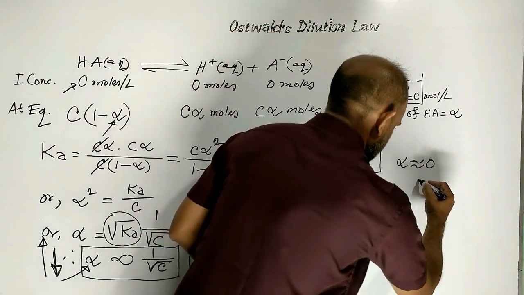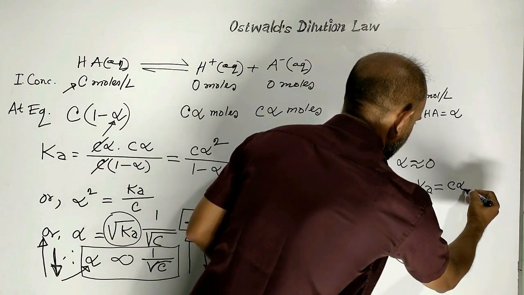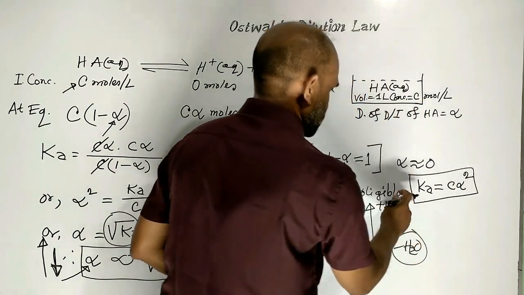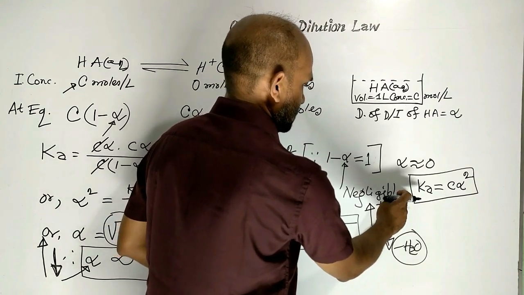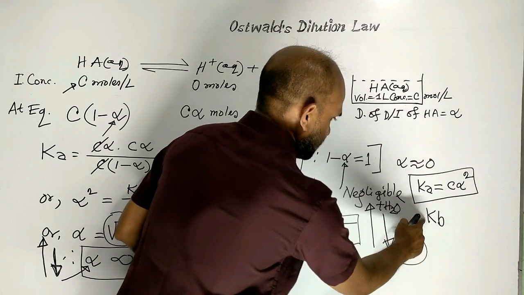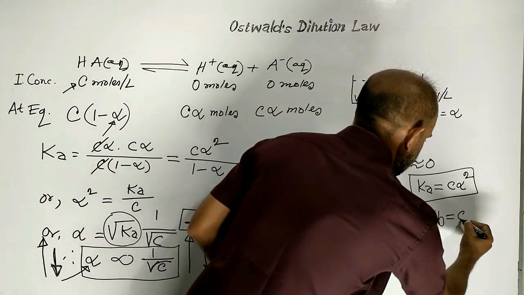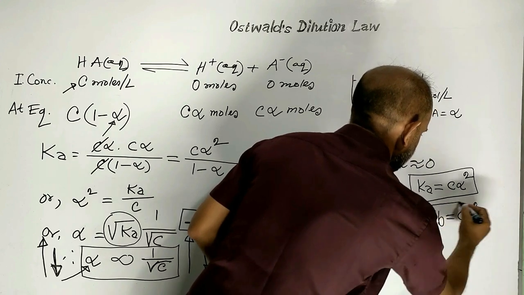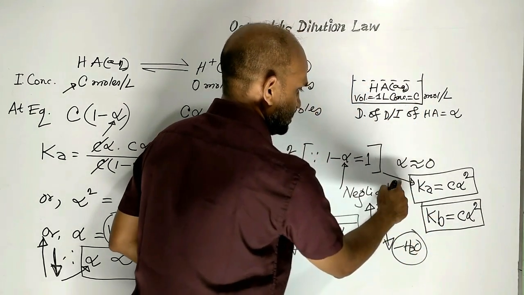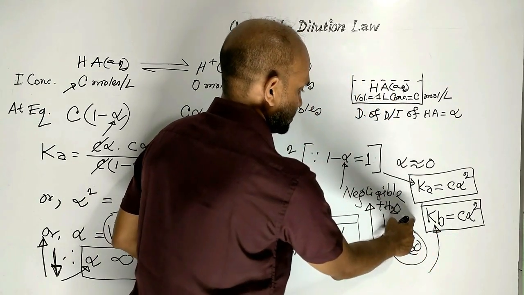Here, Ka is equal to C alpha square. This is for a weak acid. For a weak base, the dissociation constant Kb will be C alpha square. This is for a weak acid and this is for a weak base.